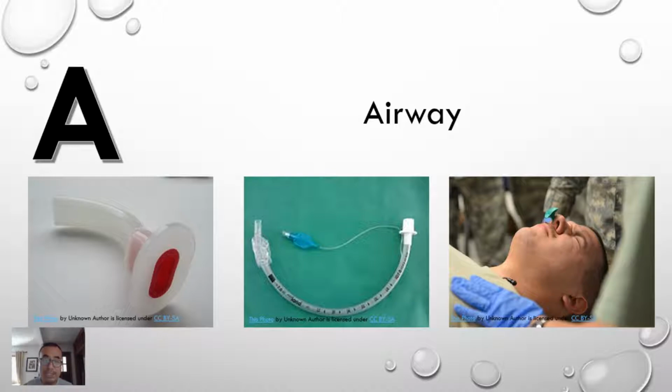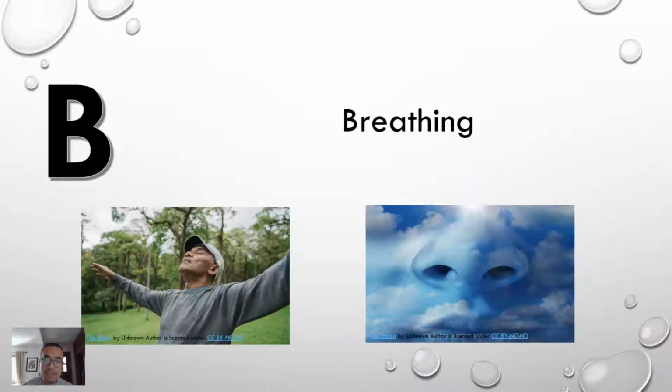You want to make sure that your patient is able to maintain an airway by themselves through a level of consciousness, or if they are in a decreased level of consciousness or they require an advanced airway, then we want to make sure that they are intubated with an endotracheal tube, they have a tracheostomy, or they have an oropharyngeal bite block or airway, so that we are able to protect the airway by avoiding the tongue from rolling back when they cannot control the tongue while the patient is unconscious or if their level of consciousness is too low. Which brings us to the next one, which is breathing.